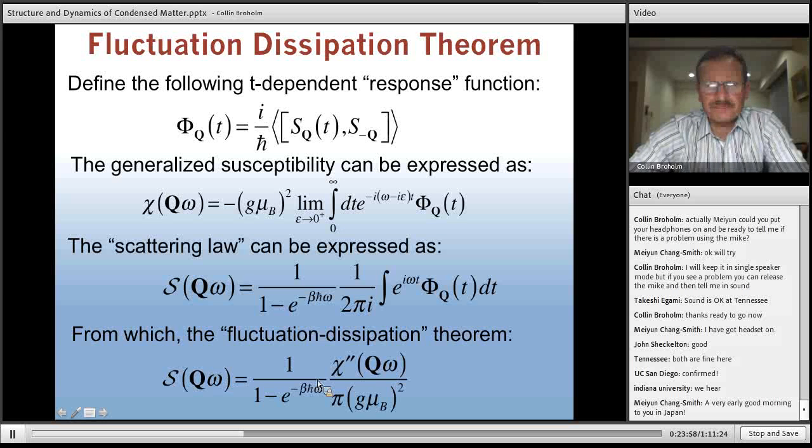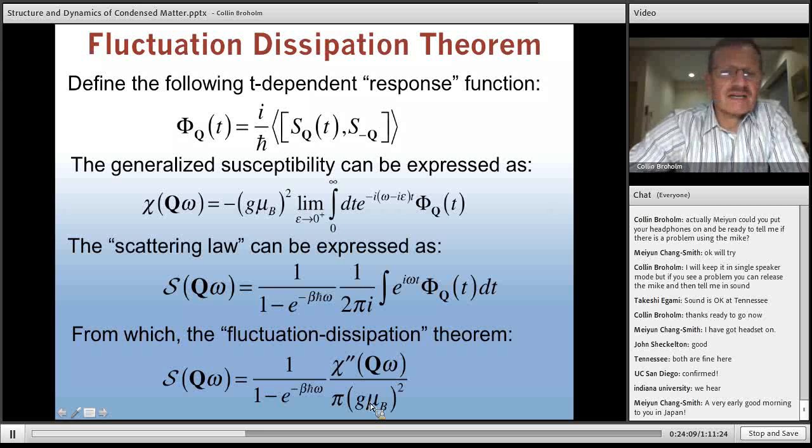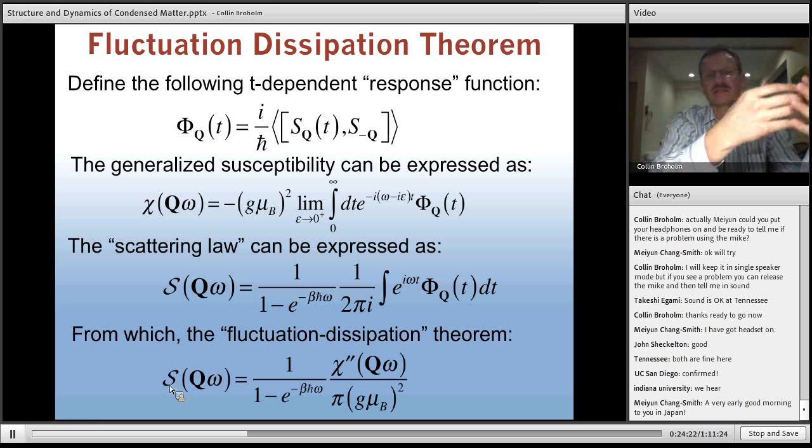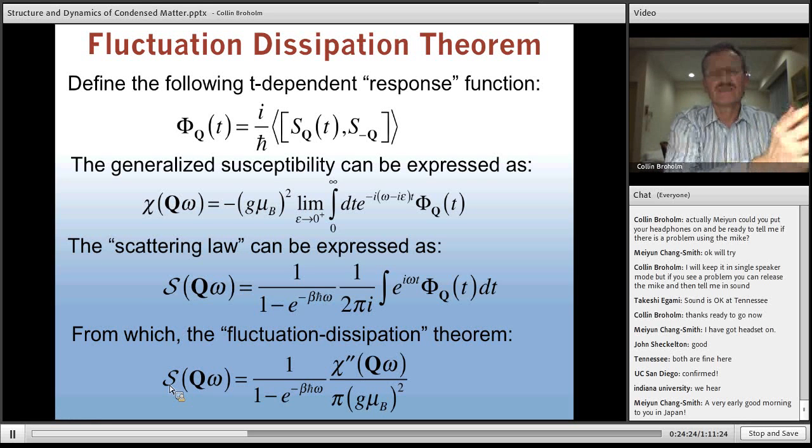Let me just mention this prefactor here, g mu B squared, that showed up in the denominator. So this is really a matter of exactly how things have been defined. And in these notes, I have defined S of Q and omega to be a correlator between spin operators. So it involves just simply the bare spin operator, not the corresponding magnetic dipole moment.